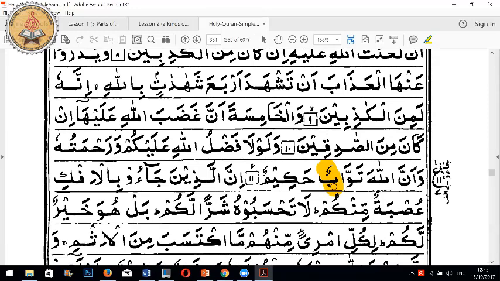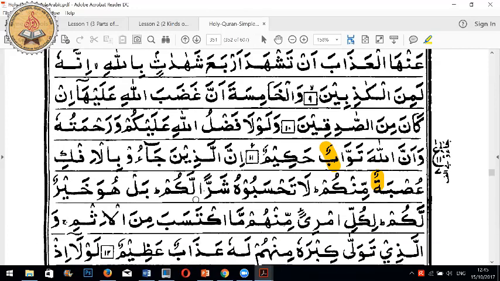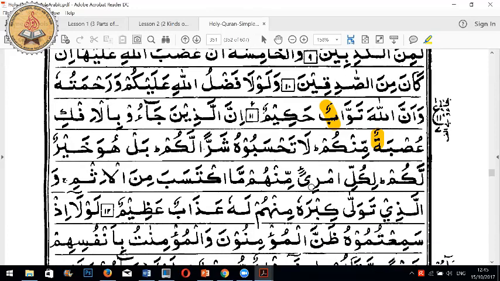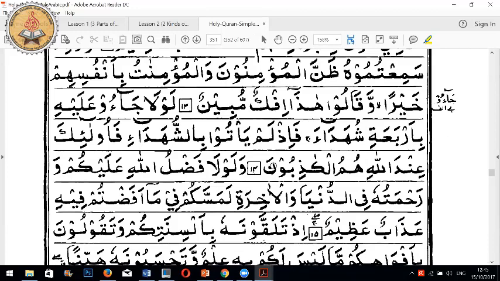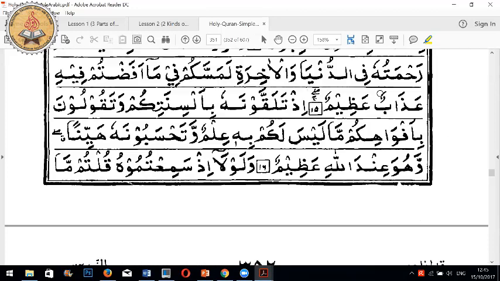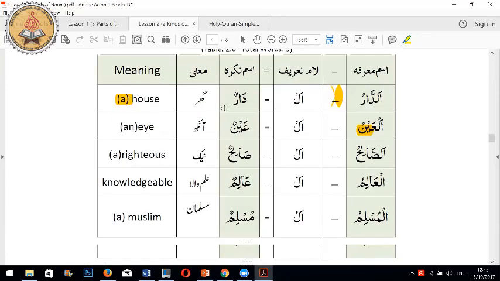Tawwabun, at-tawwabu. Usbatun, al-usbatu. Adabun, al-adabu. Azimun, al-azimu. I think this is up to you. You have to do practice at home in the Holy Quran.